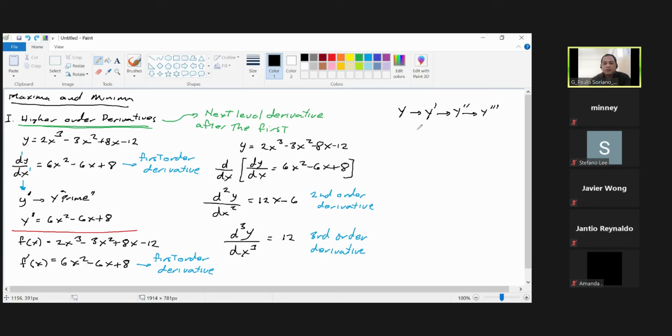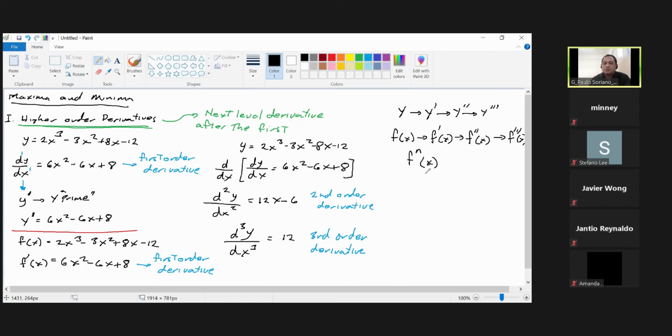Now, in function form, that is f of x. That's now f prime of x. Same. f prime prime of x can also be f triple prime of x. Third order. If you want to go higher than this, you can say f of n of x.